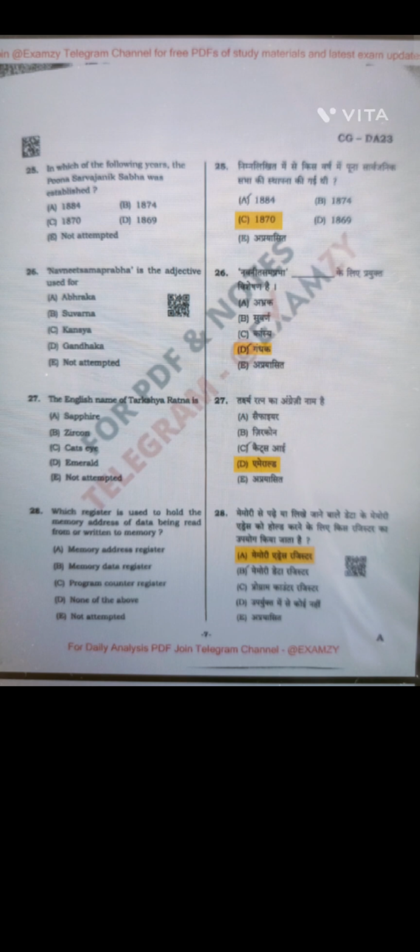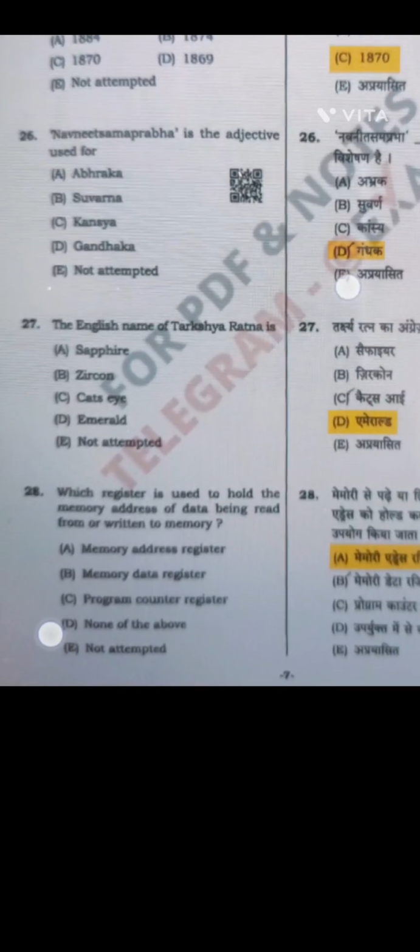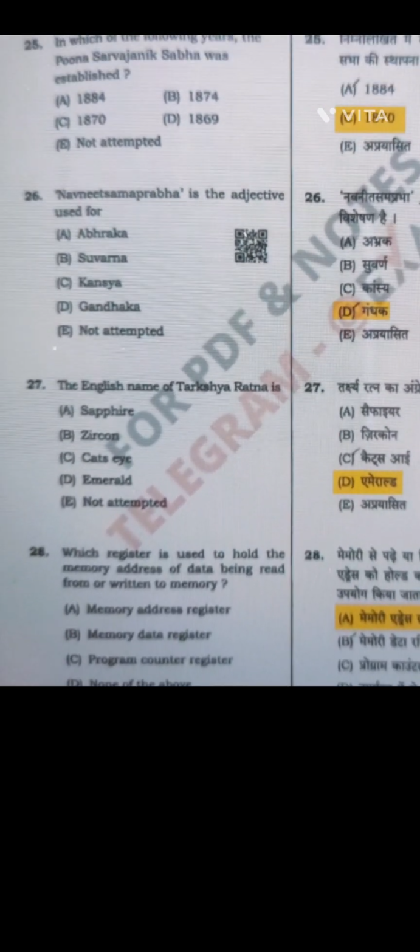One question is there in this page also. Which register is used to hold the memory address of data being read from or written to memory? कौन सा रजिस्टर का यूज़ कर सकते हैं कोई डेटा को रीड करने के लिए जब से वो लिखा जाता है? तो मेमोरी एड्रेस रजिस्टर.